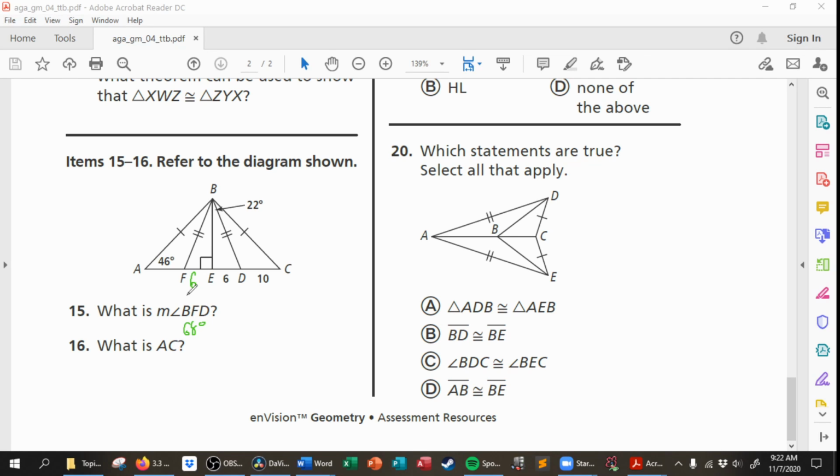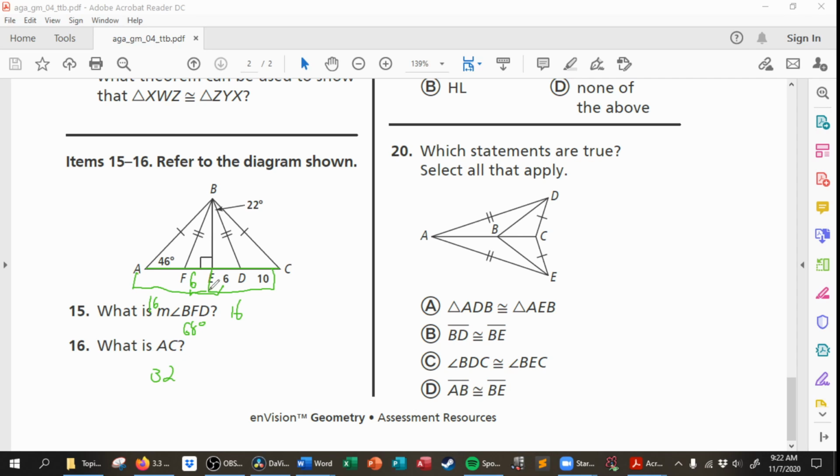Now it wants to know what is AC. That's this entire bottom line. Let's highlight it. Well, we've already got half of the problem done without actually having been asked it. But since this comes down and cuts this into equal parts, that means these are equal. And then in the overall triangle, this part right here would be 16, and this part would be 16.